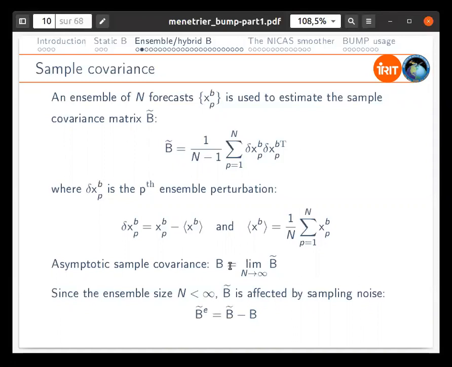And it's very useful to define the sampling noise. The sampling noise is just the difference between the actual sample covariance that we have with our real ensemble and the B that we would get with an infinite ensemble size.